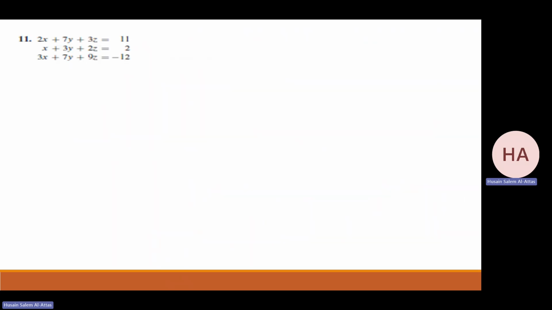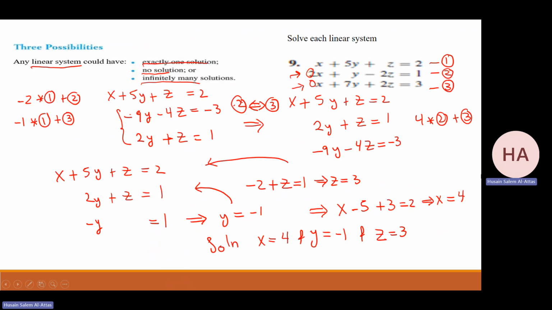Then we'll continue. Okay, now, what's the idea there? I'll try to make the coefficient of x 0, 0, so that I have only 2 equations of y and z. Then I will do the same to make the coefficient 0, 0, and try to solve it. I'll try to eliminate a variable, like what we did now, these 2 equations, we eliminate the variable x.